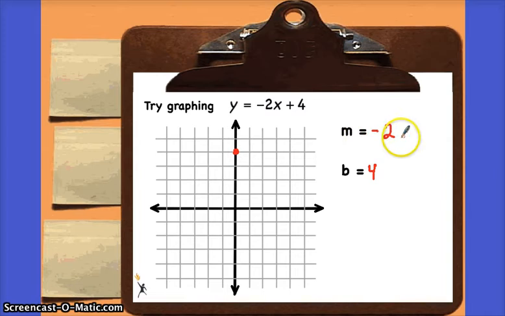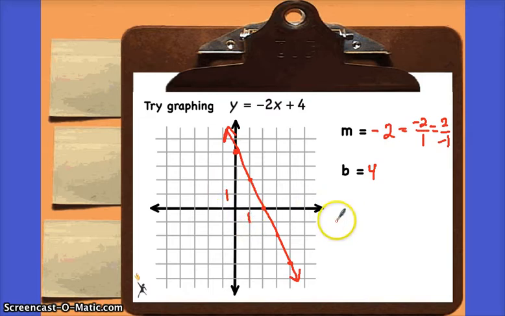And again, a slope of -2 is as good as saying -2 over 1, or you can say 2 over -1. So I can travel down 2 and right 1. I also could have traveled up 2, left 1, if it fit my graph. But if I just keep repeating that pattern, then we'll be able to draw as straight a line as possible. And don't forget to label your graph. Again, I'm counting by ones in each direction, so I'm just going to label those lines.